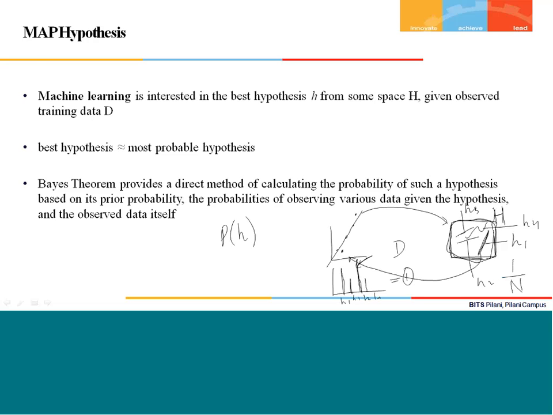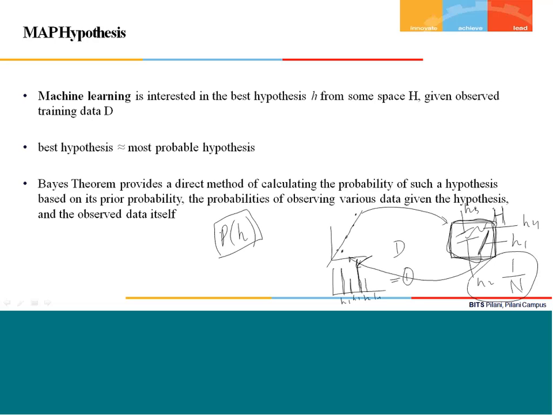We will see what happens in the infinite case. I'm just trying to explain what prior probability is and how we can take that measure. For example, in a finite space, if you feel that every hypothesis is equally probable, then you can take the probability equal to 1 by n, where n is the number of hypotheses in the space. So P(h) is this prior probability.